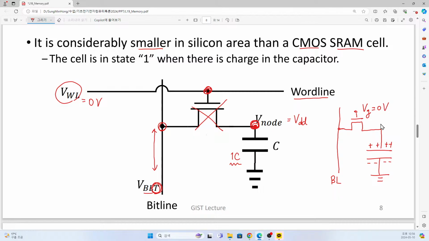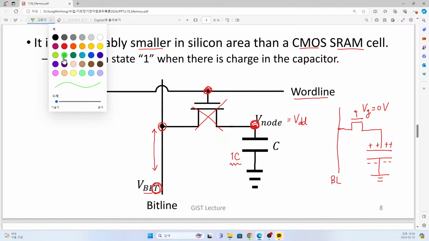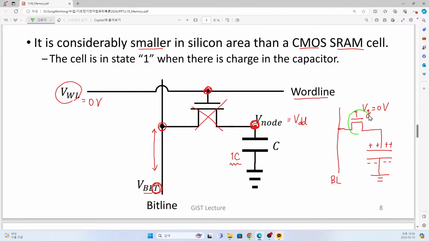Then, since here gate voltage is equal to 0, if everything is ideal, then this transistor will not conduct any kind of current, so electrically it is just disconnected.